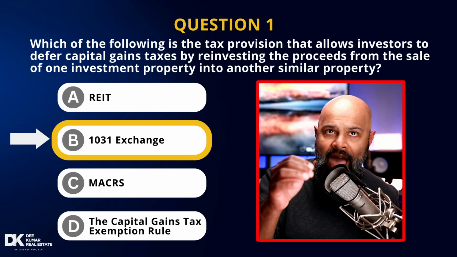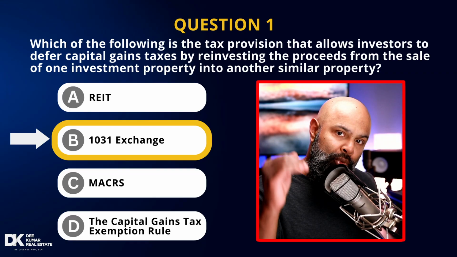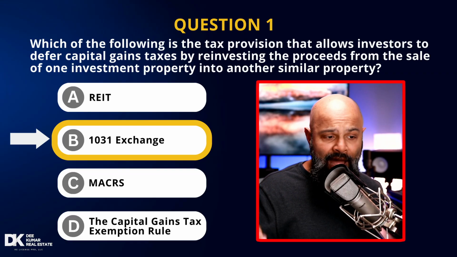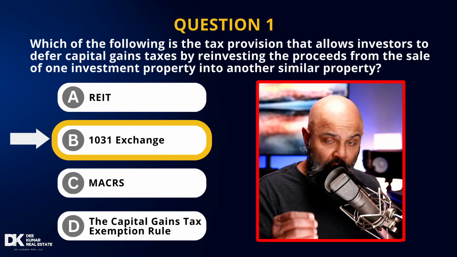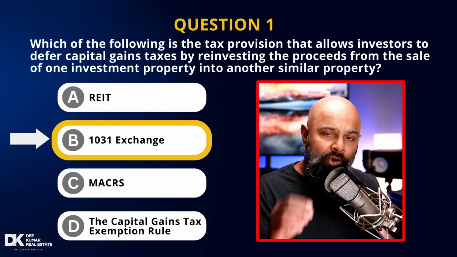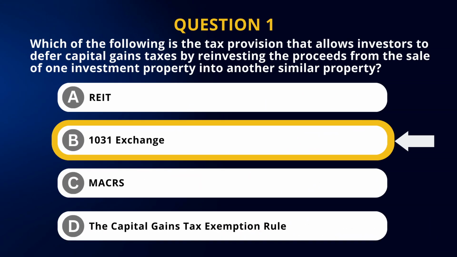And it's our tax form of depreciation that we prefer. There's another one called straight line depreciation, and these are types of depreciation events for taxation. But it's not a tax provision that allows investors to do this deferring of capital gains. So the 1031 exchange is the correct answer. This is an excellent question. This is something that you would want to know for examinations. Let's go on to the next one.